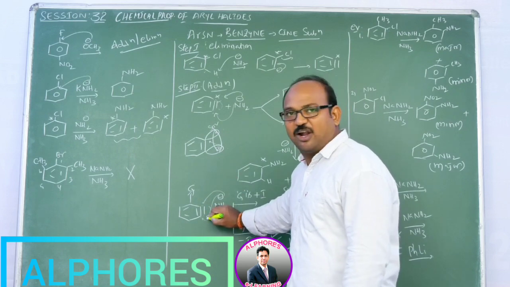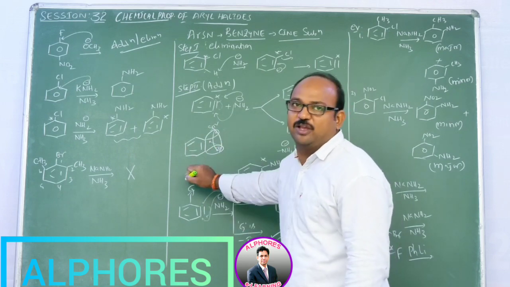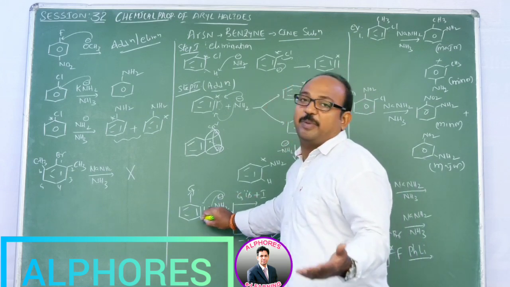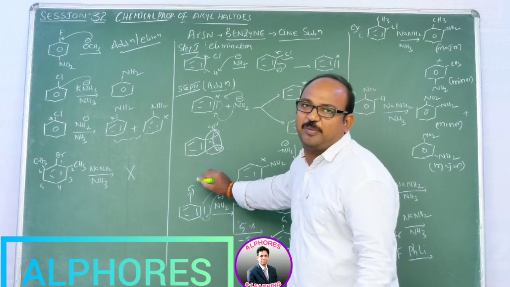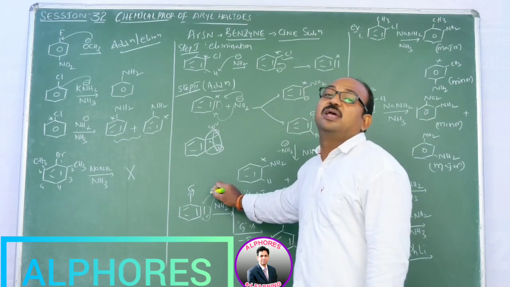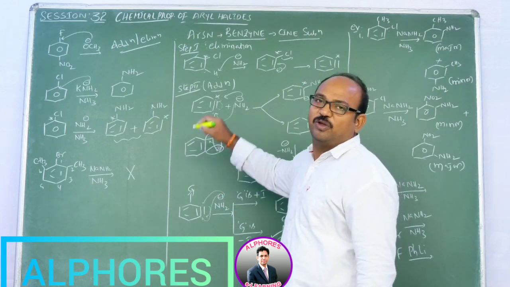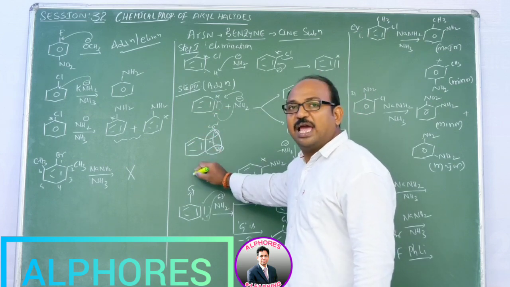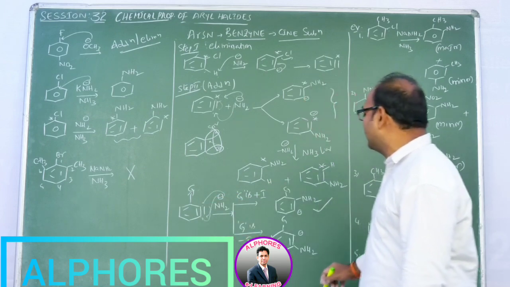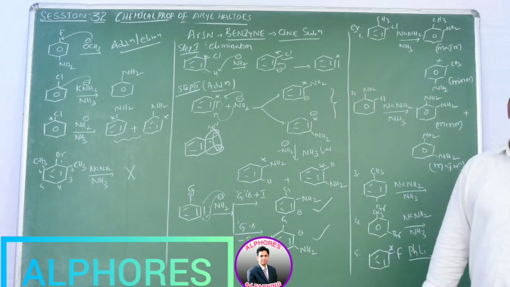That negative charge cannot be stabilized by this electron withdrawing group, right? Instead of that, if NH2 attacks this one, these pi electrons are shifted back towards the group containing carbon. In such a case, the negative charge appears in the ortho position with respect to the electron withdrawing group. Hence, the electron withdrawing group can stabilize that negative charge. That's why this carbanion intermediate.